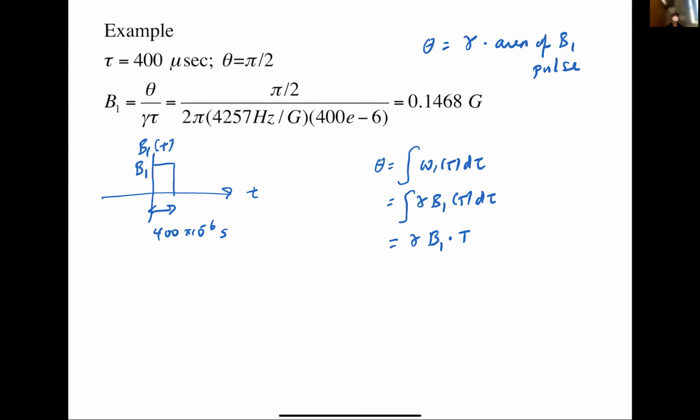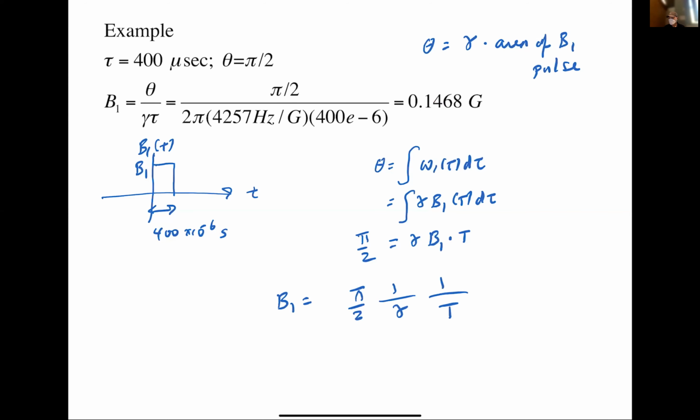Anytime you're looking at something, it's just gamma times the area of the pulse. So then we want theta to equal pi over 2, right? So now we can solve for B1. B1 is just equal to pi over 2, and we divide by gamma, and we divide by t.